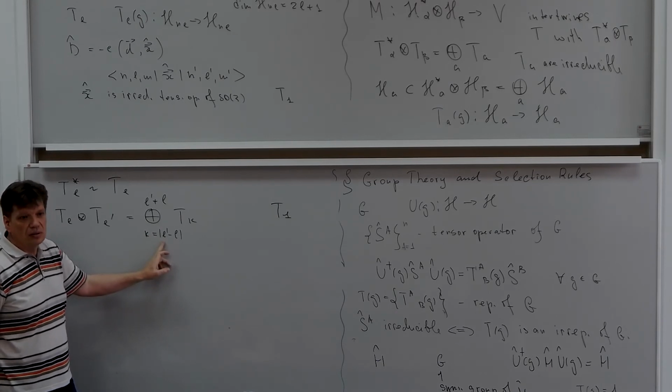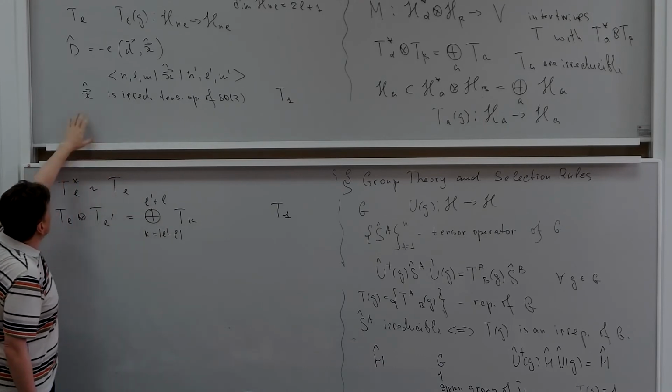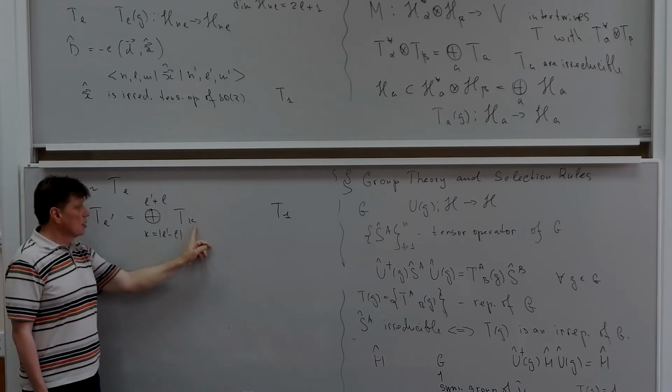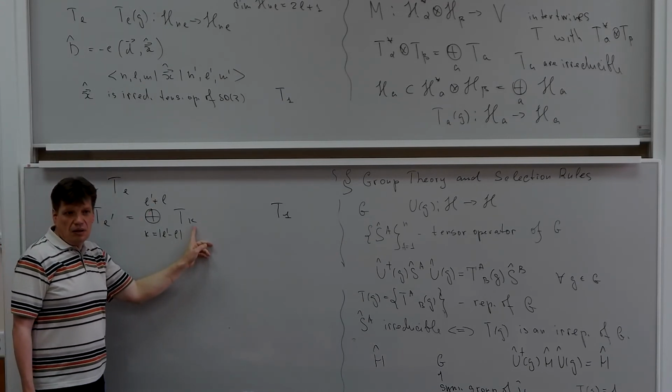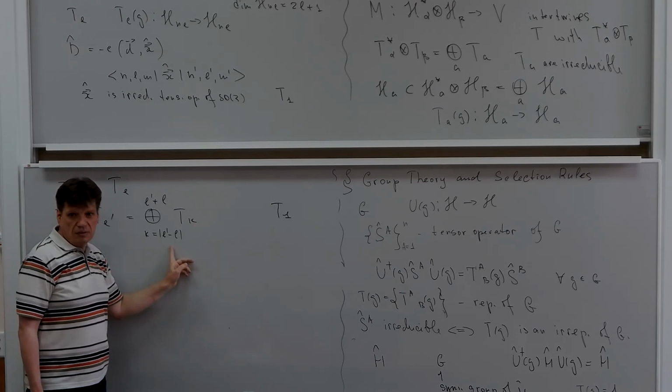T_1 is the representation associated with this irreducible tensor operator X. Under which condition may k take the value 1 here? Do you see?